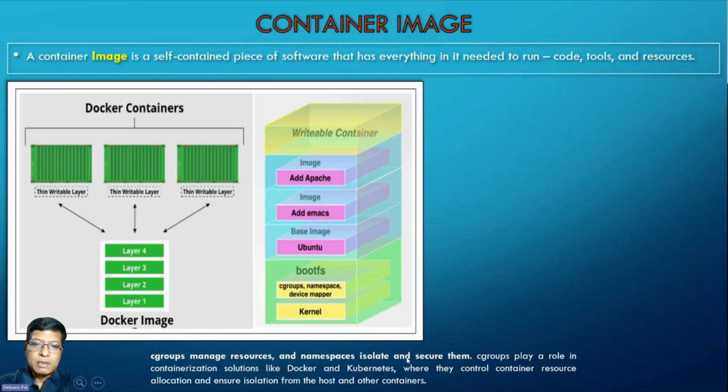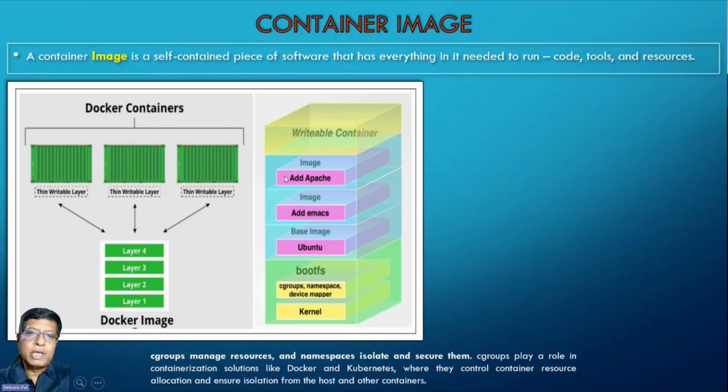And namespace isolates and secures them, so all the resources have their own spaces to work. I'm not going into the details, but just remember, this is the environment of a container on which your image is going to run. On top of it, maybe you have a base image of Ubuntu software. Ubuntu is a Linux.